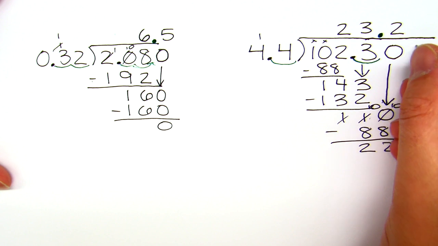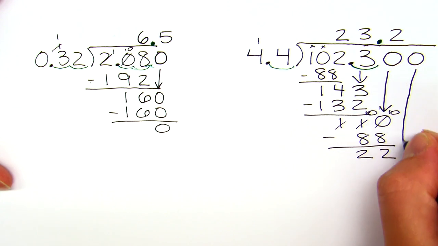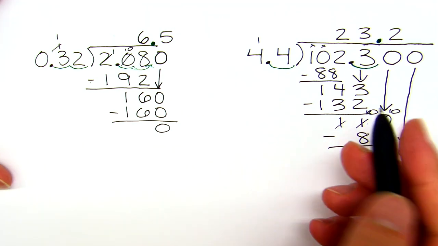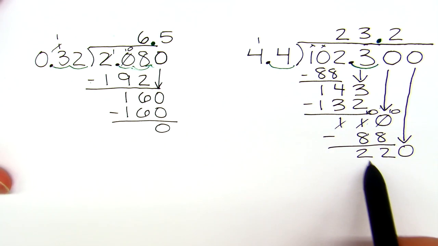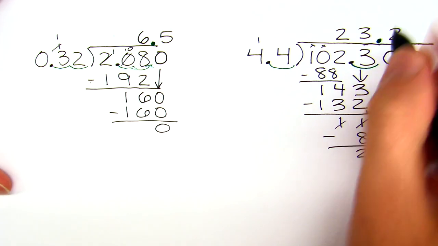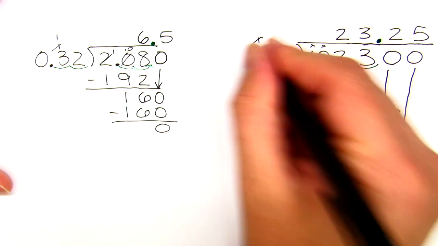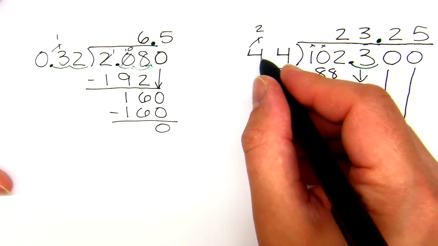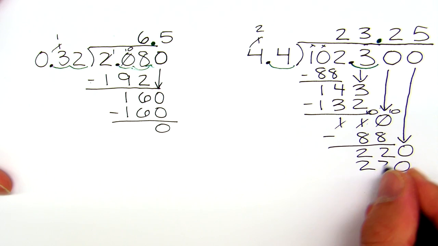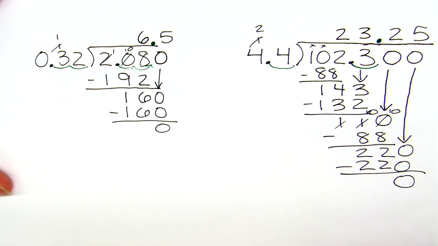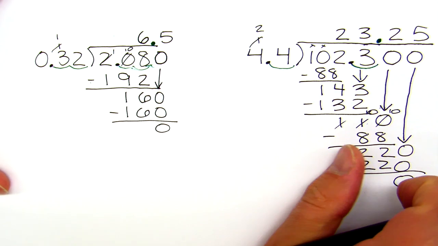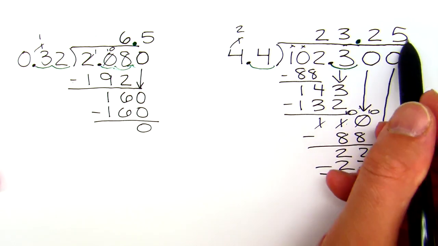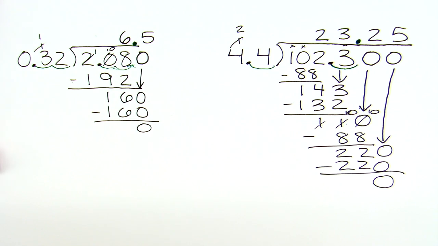We still have a remainder, so we want to bring another 0 all the way down and make this 220, right? 4 times 5 is 20, so that's pretty close to 22, so let's try 5, right? 5 times 4 is 20. 2 goes up. 5 times 4 is 20 plus 2. There we go. We got rid of our remainder. Okay? So the answer is 23 and 25 hundredths.